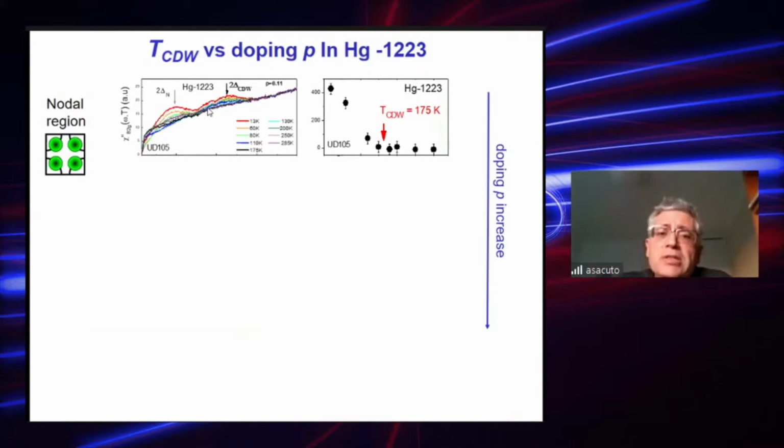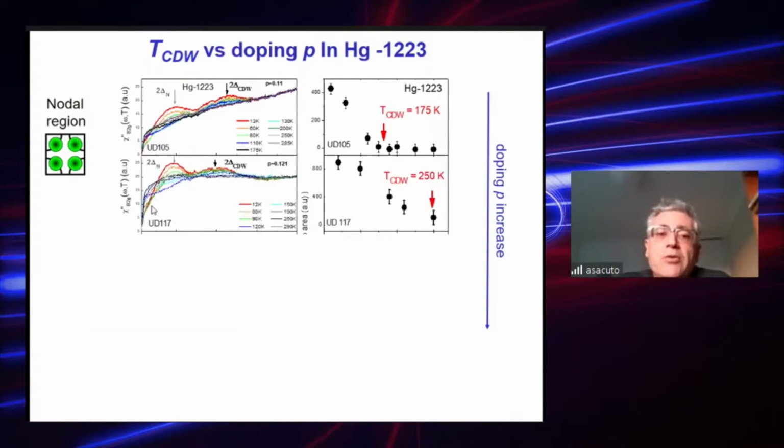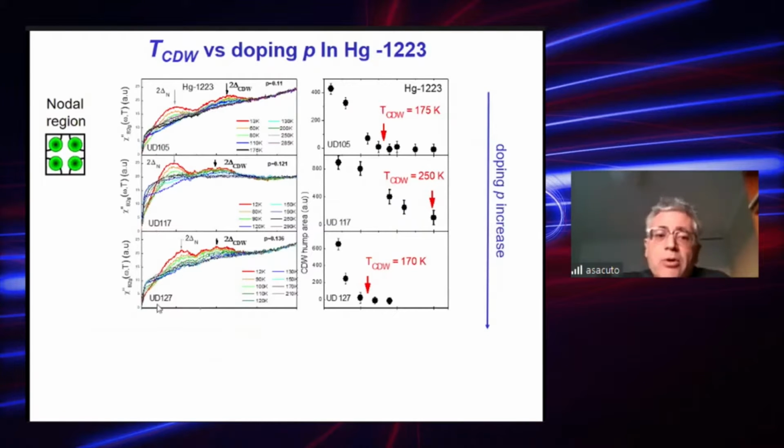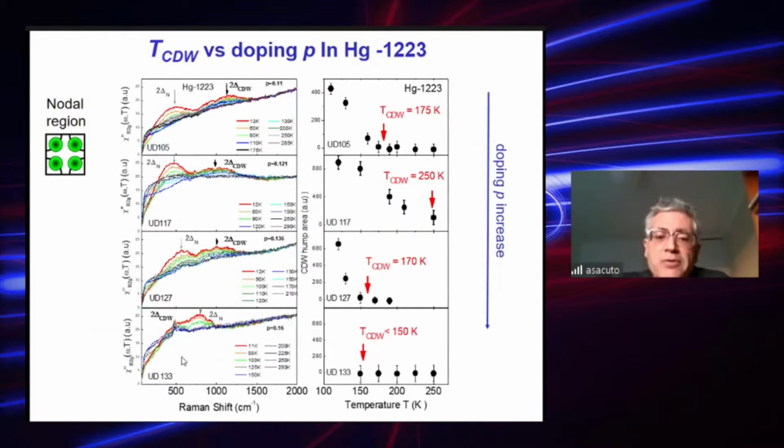We do that for several dopings: for a strongly underdoped system with a critical temperature of 105 Kelvin, this is the Mercury 1223, for a slightly underdoped sample, and finally for an optimally doped sample.